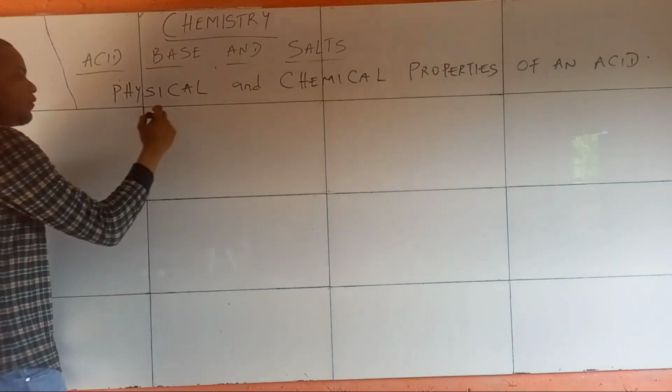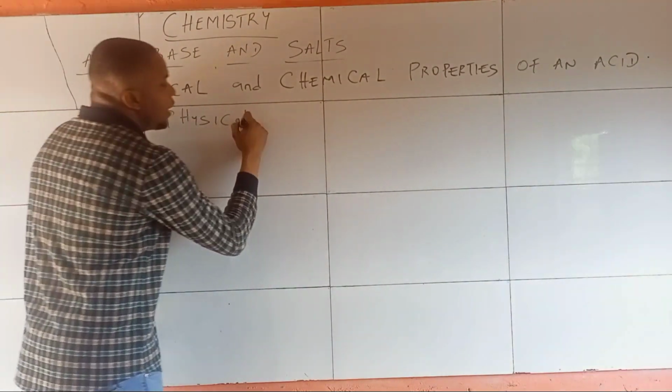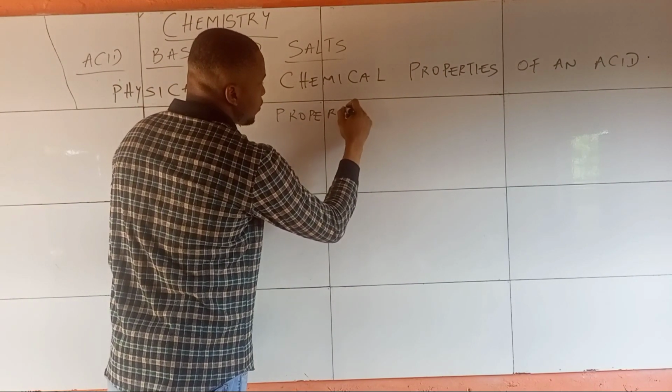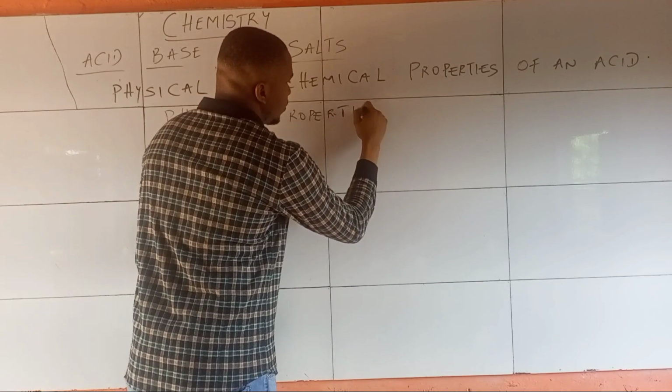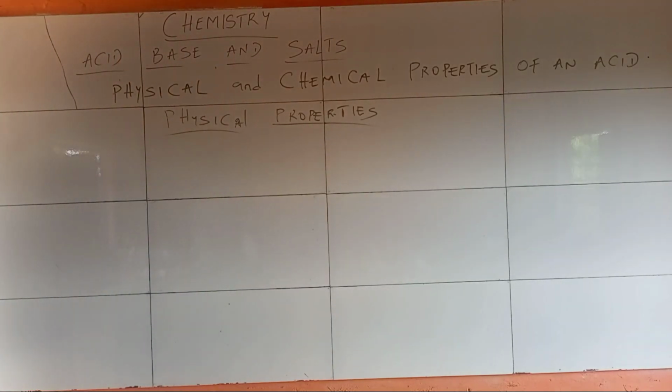Let's go with the physical properties first and foremost. Physical properties. First and foremost, an acid has a what? A sour taste.